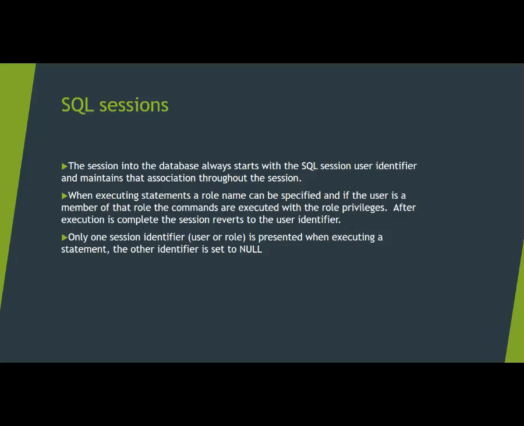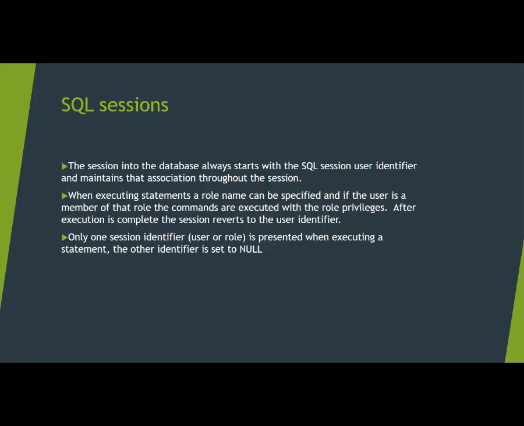That's kind of weird to think about, but you authenticate into the system with the user identifier, and then you're assigned a role permission, but the computer is not actually tracking your role until you say, I want to view this table. When you execute that code, it looks at that table and sees what role has rights to that table. If you're a member of that role, the statement executes with that role's permission, not the user identifier's permission. That's normally how it works.